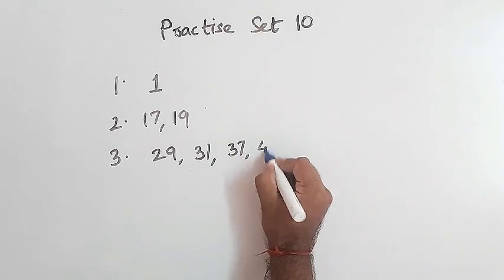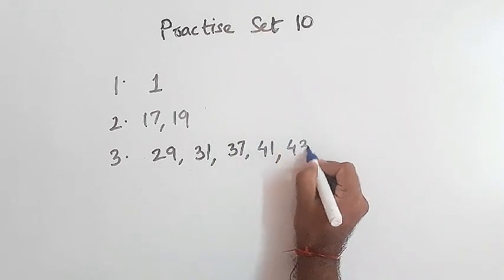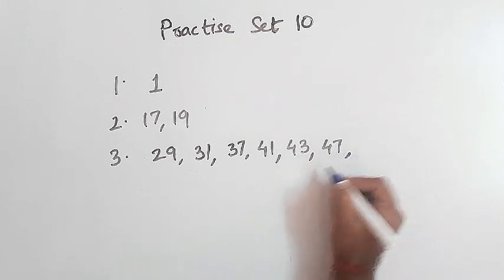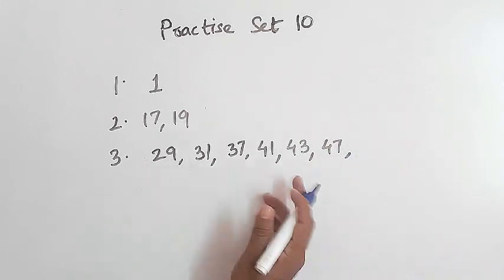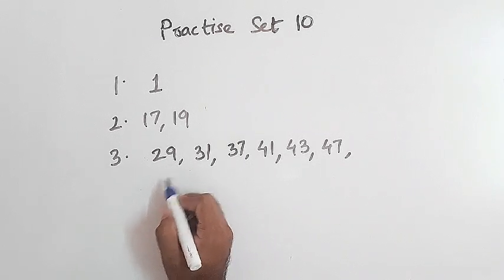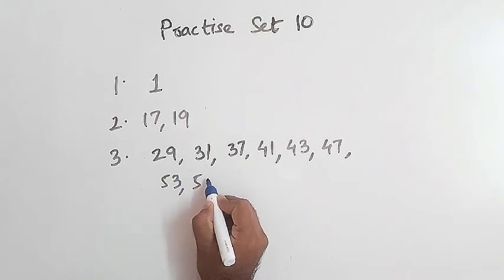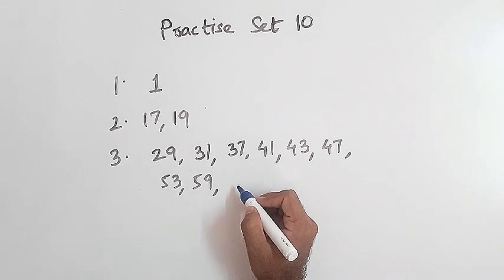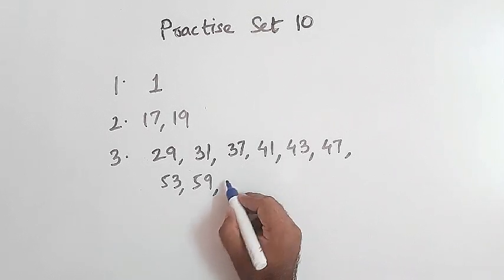Then 37, 41, 43, 47. 49 comes in the table of 7, I cannot write. 51 comes in the table of 17, I cannot write. 53, 59. 57 I cannot write because it comes in the table of 19.